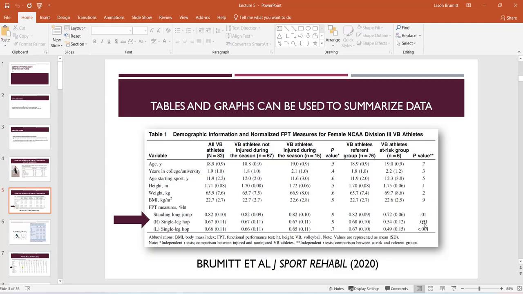But this really brings it to life differently, where somebody's able to go, wow, okay, I can see what the referent or the reference group was, what their scores were, and they're quite similar to the non-injured individuals. But look how low the scores were for those who did get hurt.